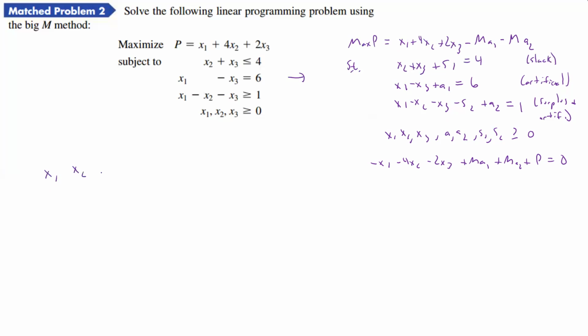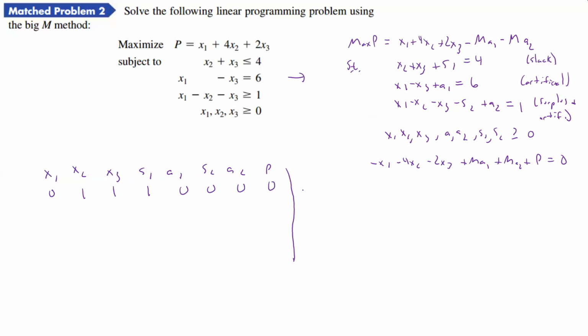And so that gives us what? X1, X2, X3. Then we have S1. Let's just put them in order here. We put them in A1, S2, A2. Then we had a P, and then we'll have our line. And so we have what? For the first one, we have a 0, a 1, a 1, a 1. And then we have what? 0, 0, 0, 0.